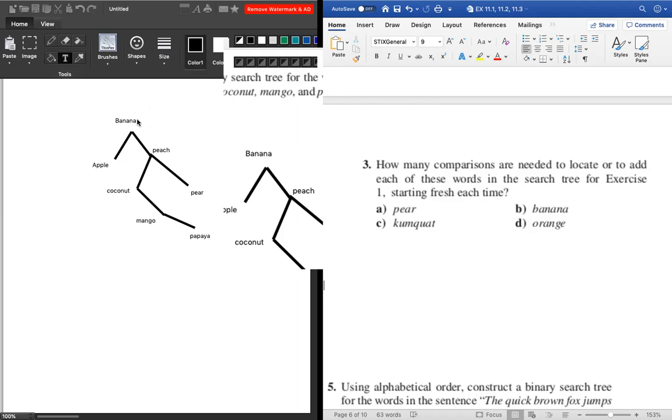I know that pear is greater than banana, right? Because P comes after B. So this is one comparison. Therefore, I will move to this node here. So the second comparison will be this one here. Is peach the pear? If not, then I move on to the next one. So I search for this node. Is this pear? Then I find that this is pear. So therefore, this is 3 comparisons.